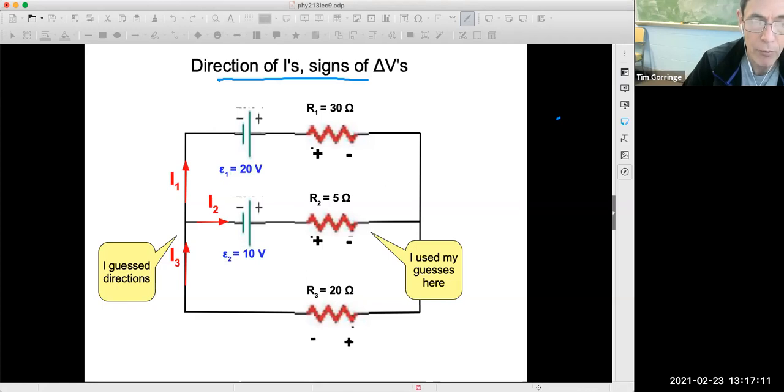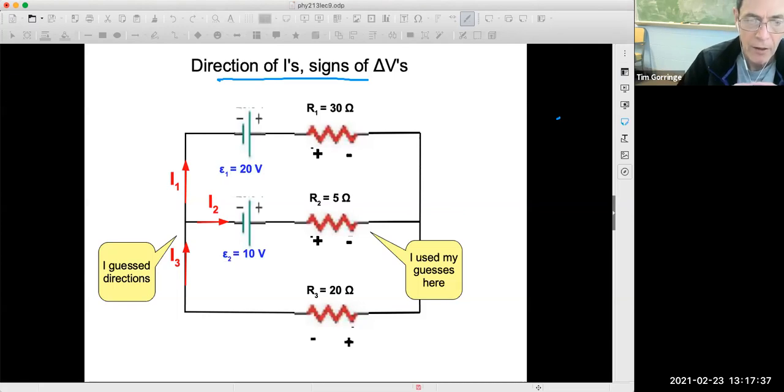Now, when you apply the rules and solve the circuit, if you guessed wrong for the directions of the currents, you would get negative values for the currents. It wouldn't change the answers to the circuit problem. You get the right currents, but you just get minus signs indicating that your arrows for the directions of the currents were in the wrong direction.